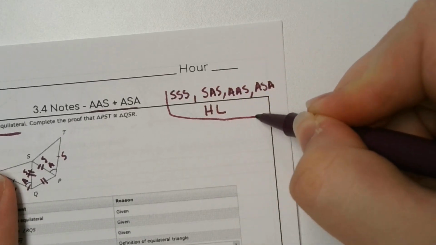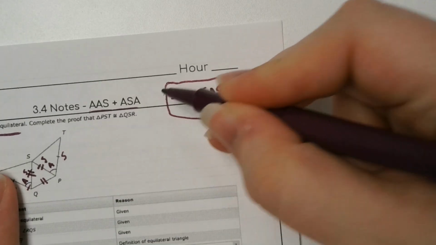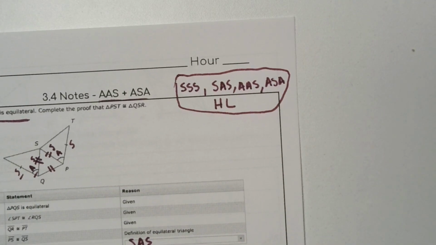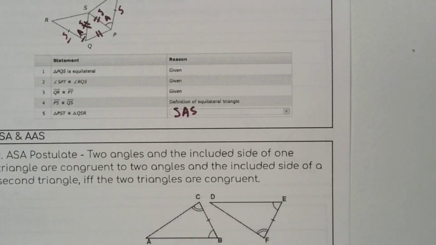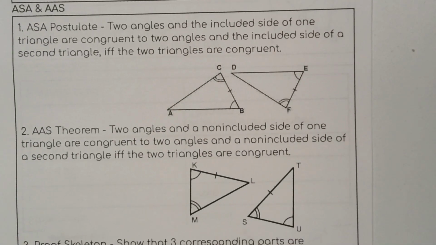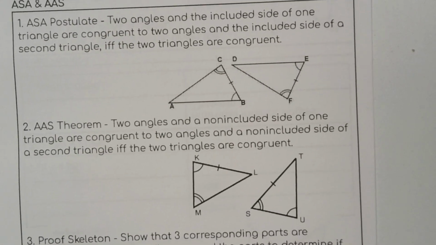So we have 5 in total ways that we can determine if triangles are congruent. These are our last 2 today, and we will have our test next week on Tuesday. So I have Monday to review, Tuesday to test.